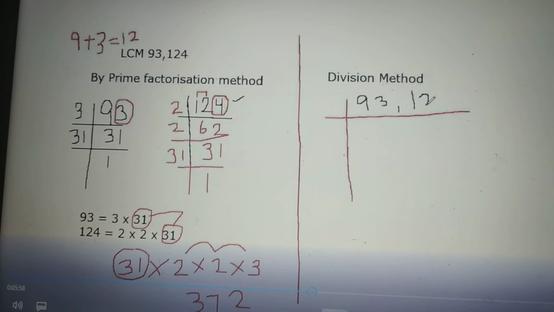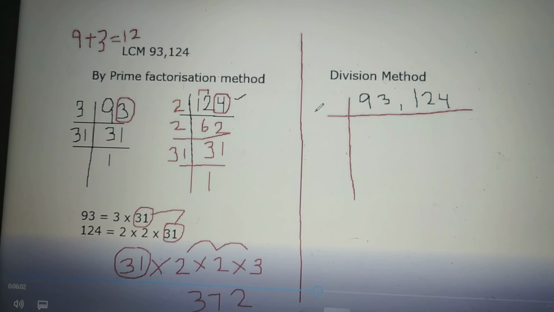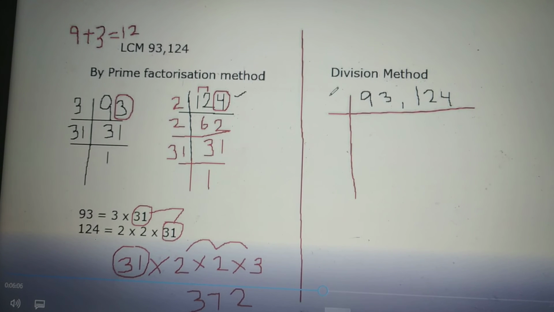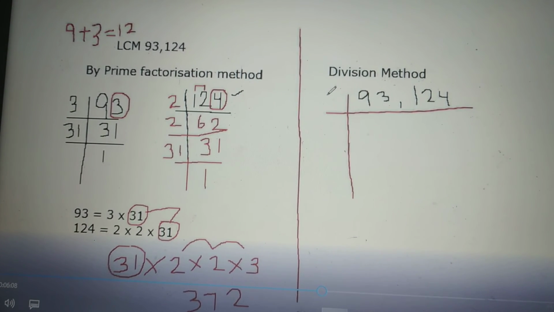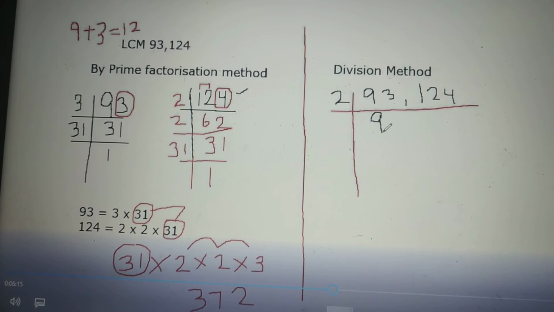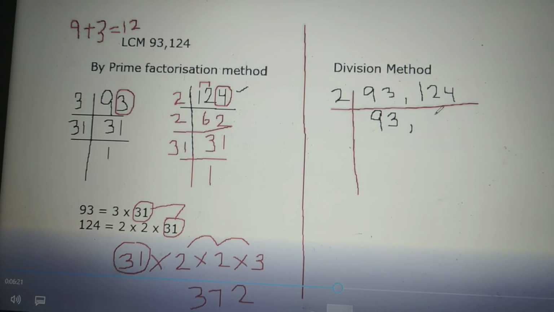I can see 124 can be divided by 2 and 93 can be divided by 3. So I will start with 2 first. 93 doesn't come in the table of 2, so I will write 93 as it is and start dividing 124.